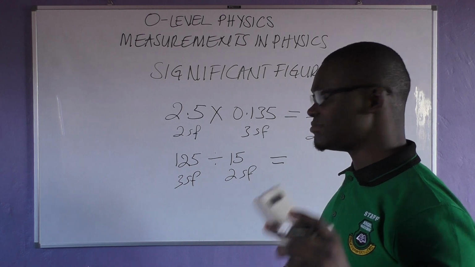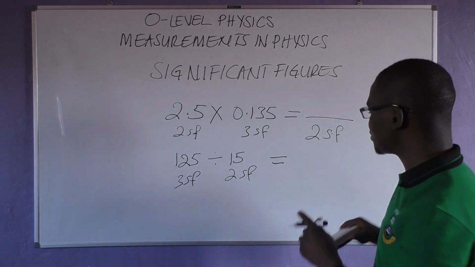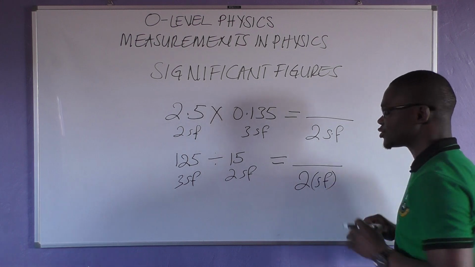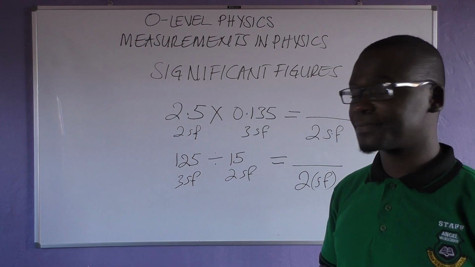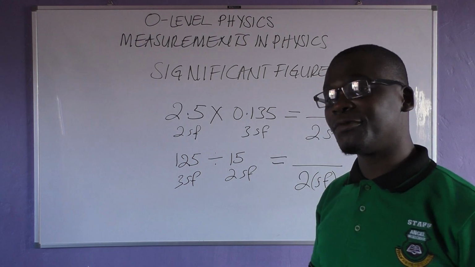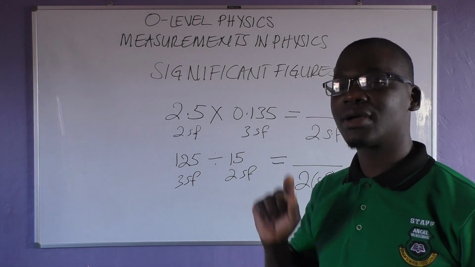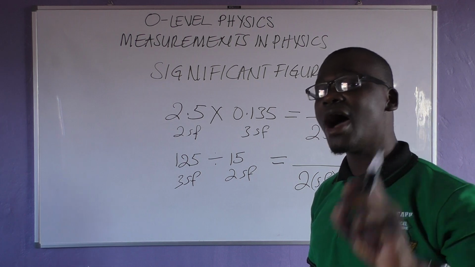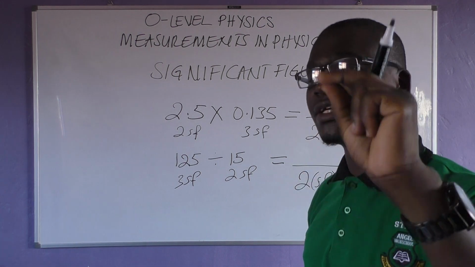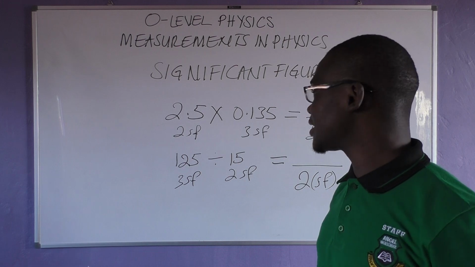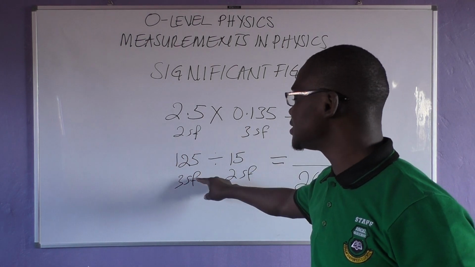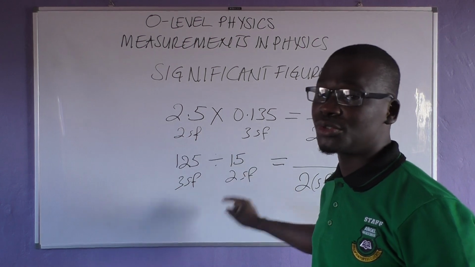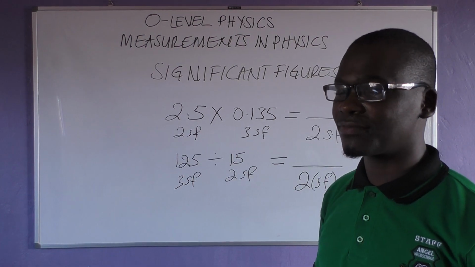So that means that my answer has to be to 2 significant figures. That is for multiplication and division. The answer should have the same number of significant figures as the one with the least number of significant figures in those that you are multiplying or dividing.